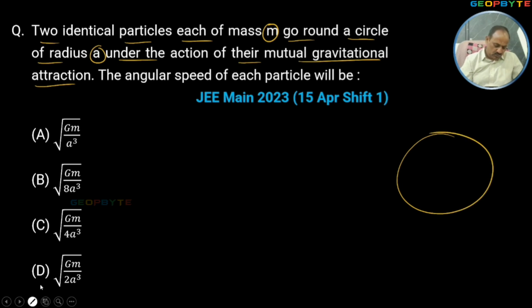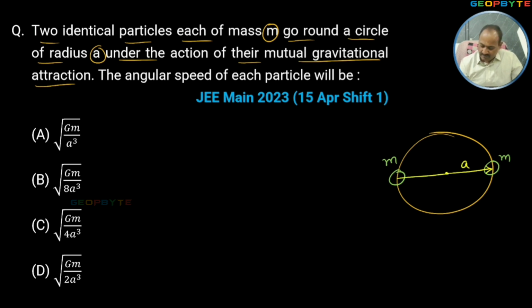Let us mark the two particles. This is one particle, this is another particle, maintaining equal mass, and they are rotating such that the radius of rotation remains the same. That is a. This is a with respect to the center of rotation. Let the center of rotation be O.